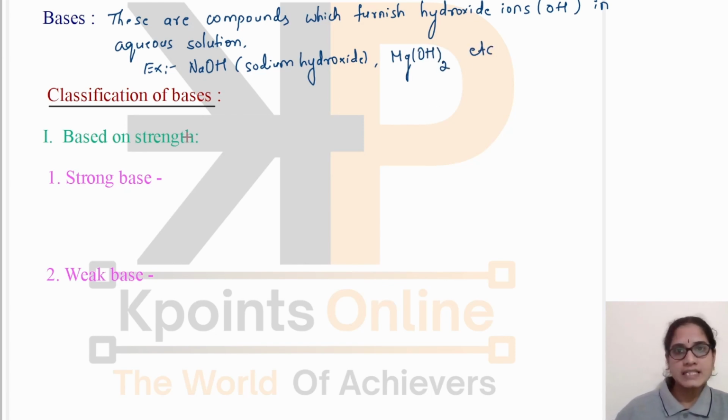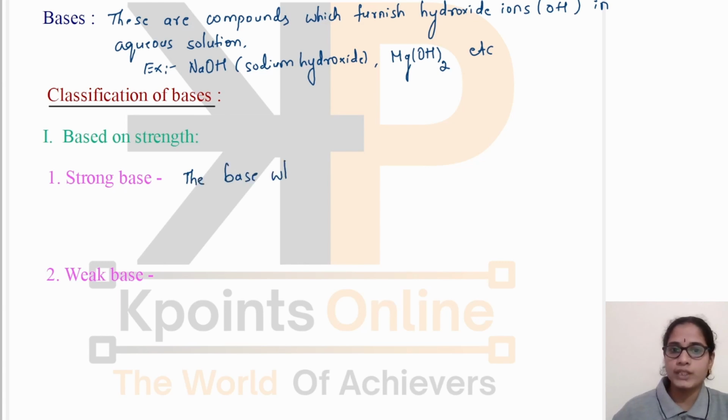Now let us see the classification of bases based on strength. We have already discussed the classification of acids based on their strength, strong acid and weak acid. Now let us define strong base.